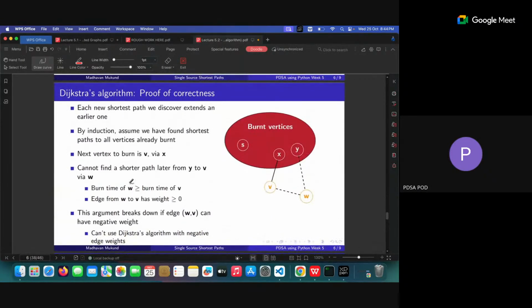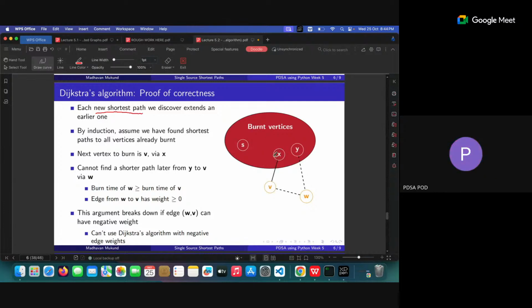Look at each new shortest path we discover; it extends the earlier one. Please remember, we extend the earlier. So you have a pool of already burned vertices, and two other vertices which have to be burned. We discover it from X. We are discovering one new path to the earlier one.